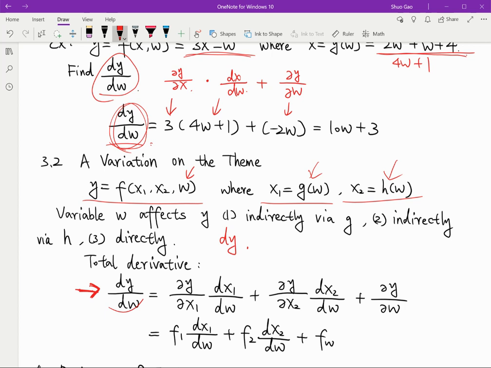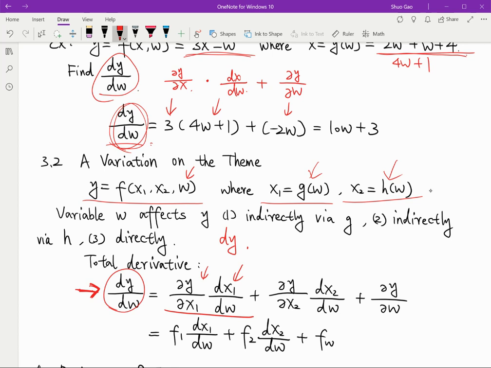So the total derivative of y with respect to w should be equal to, first, the indirect way for w to affect y, right? So w first affects x1, and then x1 can affect y, right? So this is the first way to affect y.